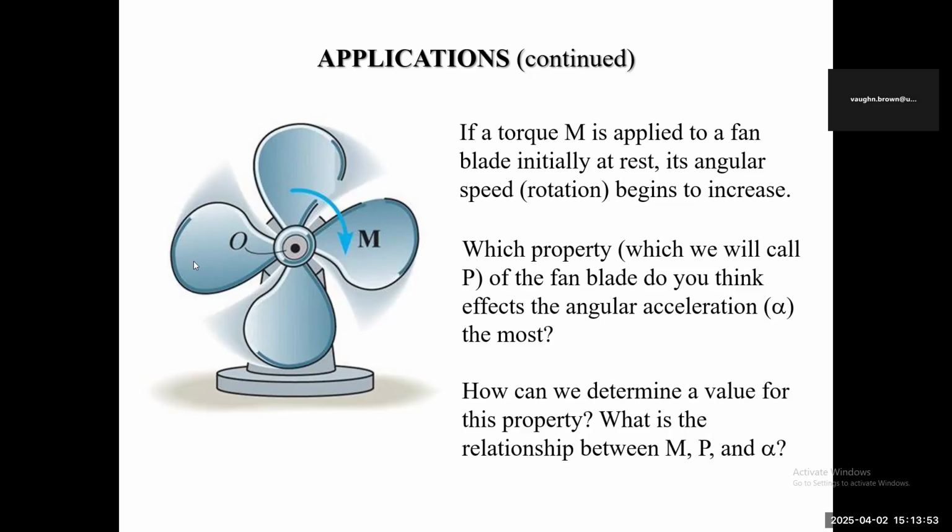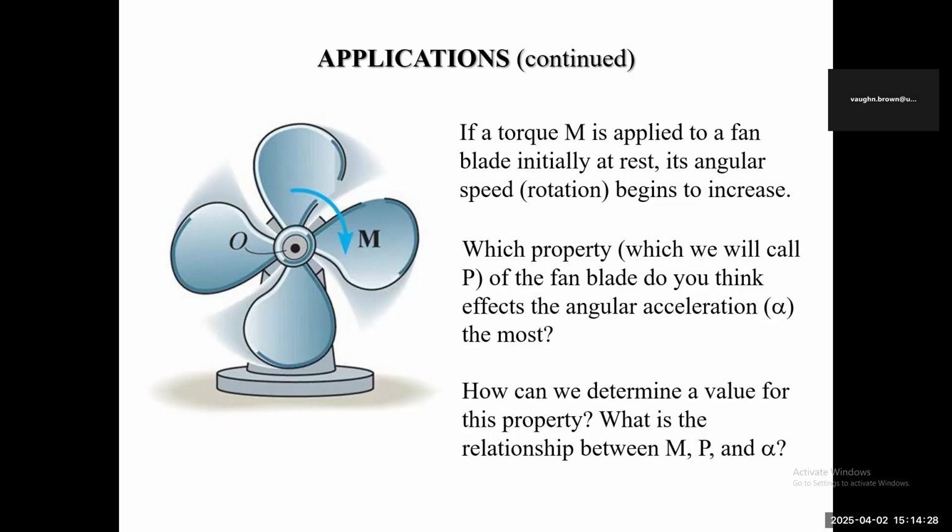So, what about this? Also for a fan blade, the fan that you have in your house, if the torque M is applied to the fan blade, initially at rest, all right, its angular rotation begins to increase, right? Once you start it. Which property, which we will call P, some property P of the fan blade, do you think will affect the angular acceleration the most, right?